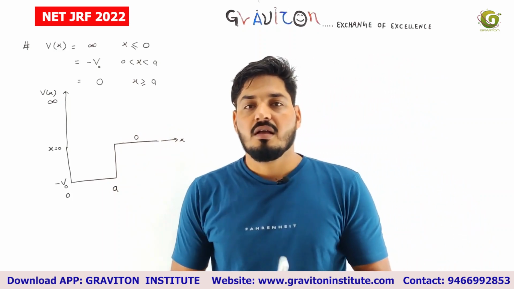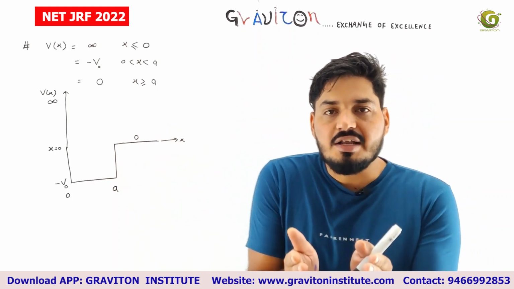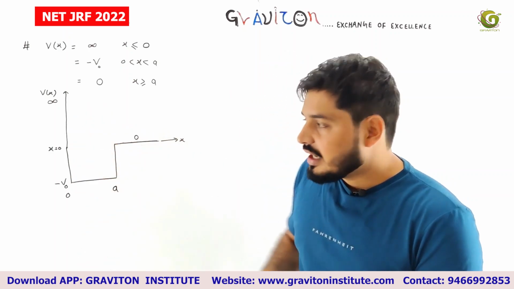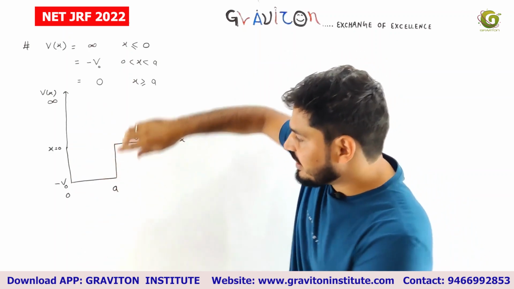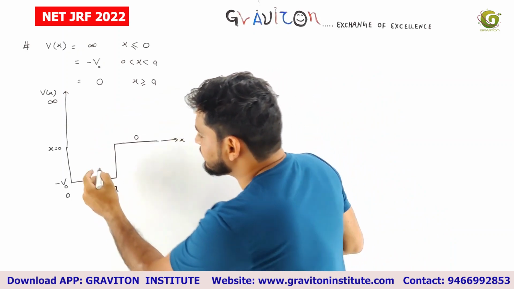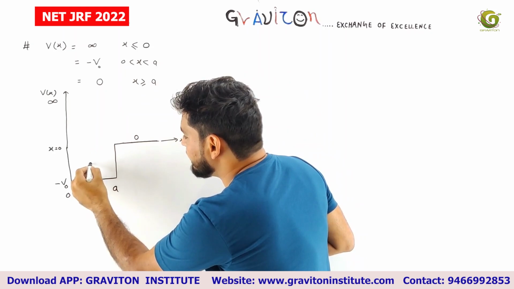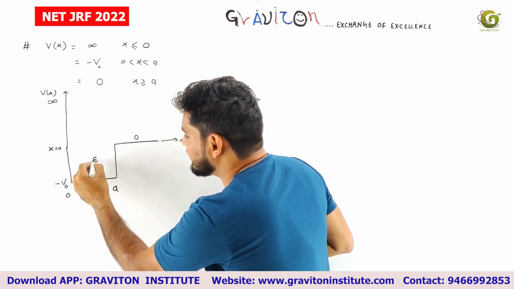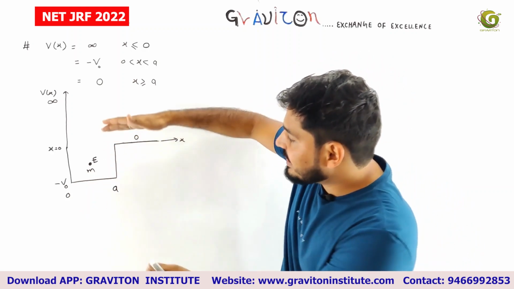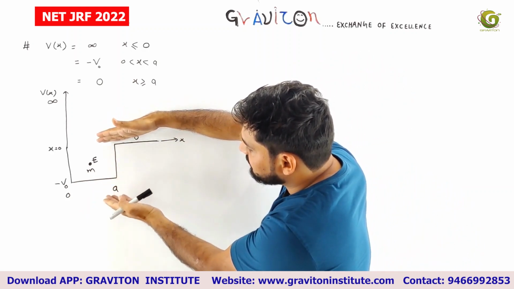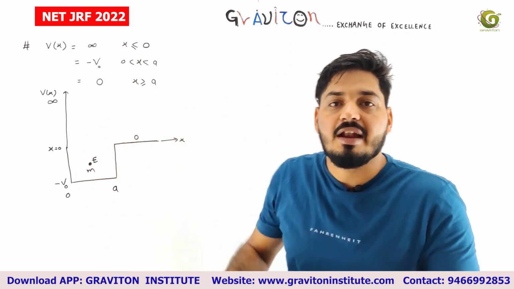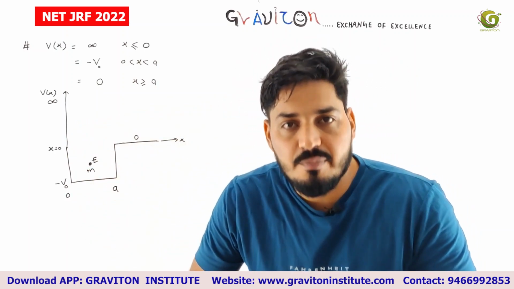Now see, first see in what condition it will be in the bound state. Let's suppose this is the particle of mass m and energy E. If the particle is in between this region, minus V naught to 0, then only we can say that this is in the bound state.